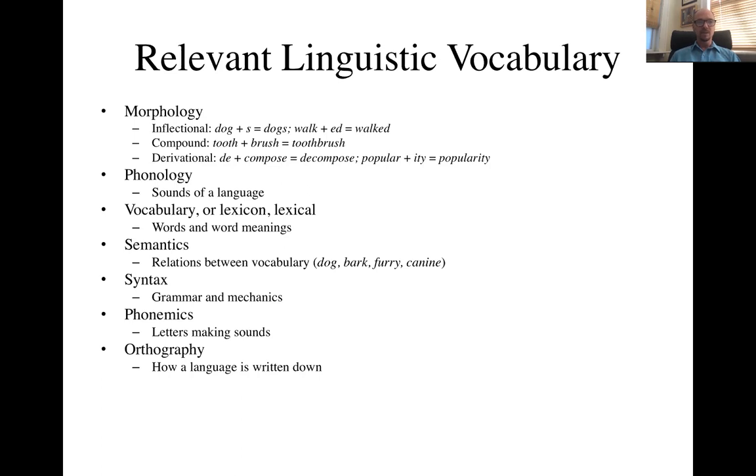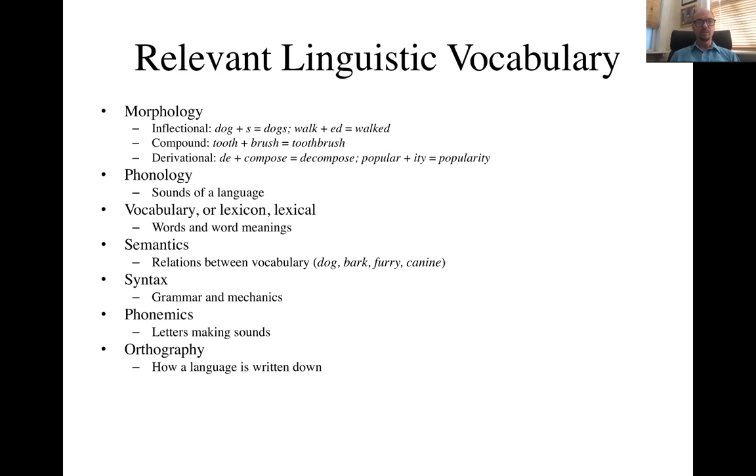The first one is inflectional, and that's when you're adding plural endings or past tense endings. For example, S to dog to get dogs, or ED to walk to get walked. This is sort of the first kinds of morphological patterning you start to see in young children's language use.